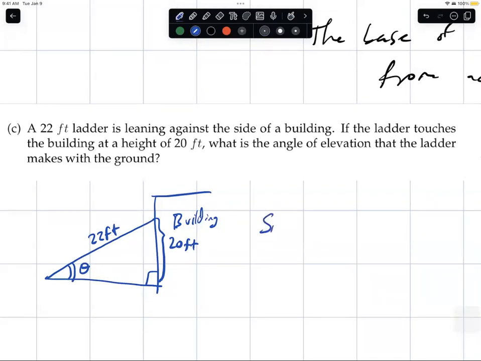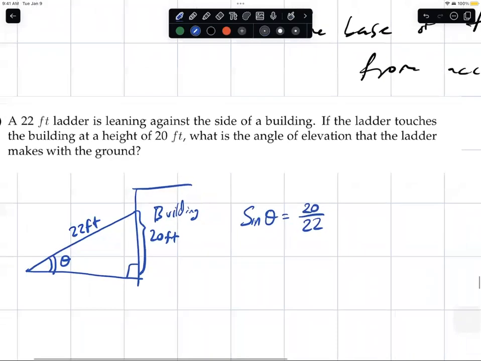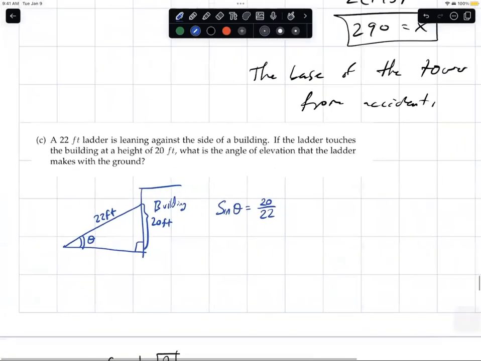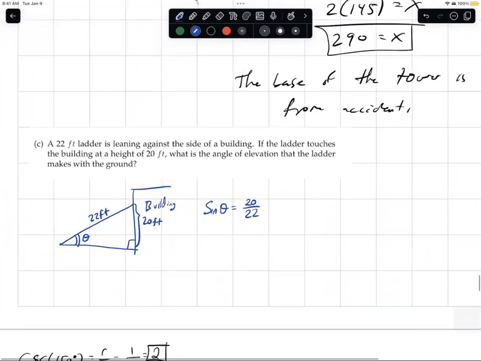Sine of theta is equal to opposite over hypotenuse. Yes, we can use this. Now, let me continue here. The sine of theta, if we reduce by 2, we would get 10 over 11.